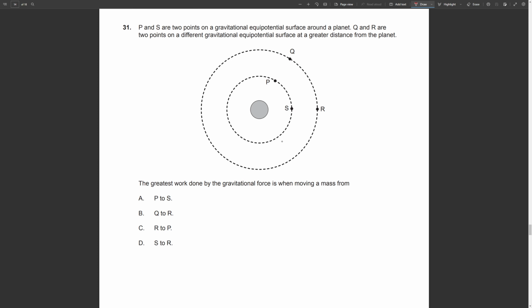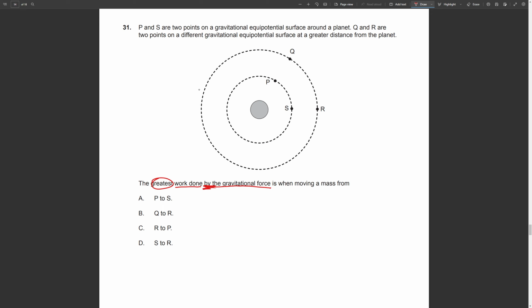Question 31 is a very tricky one. Most people will focus on the work done, greatest work done. It's true that you must move across the equipotential line to give the greatest work done, but the keyword is by the gravitational force, because there are two directions of work done. It could be work done by the gravitational force or the work done by external force.